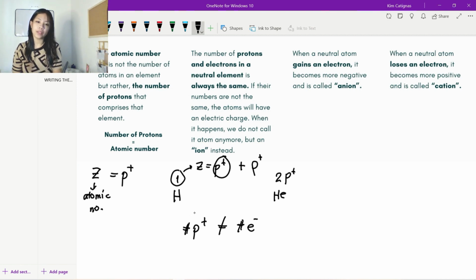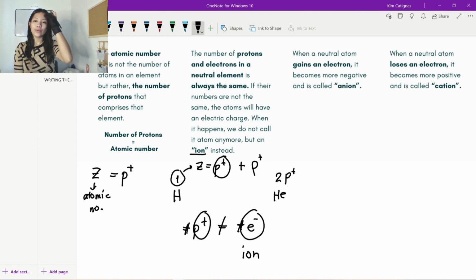Or in short, syempre, dahil hindi pwede mag-change si protons, pag nag-change yung number po ni electrons sa isang atom, hindi na natin siya masyadong tinatawag na atom. Ang tawag na po natin sa kanya ay ion. Okay? So, pag nadagdagan o nabawasan ng electrons, ang tawag na natin sa kanya ay ion kasi nagkakaroon na ng electric charge. So, when a neutral atom gains an electron, it becomes more negative and is called an anion.